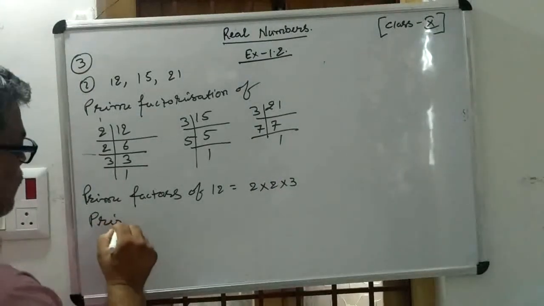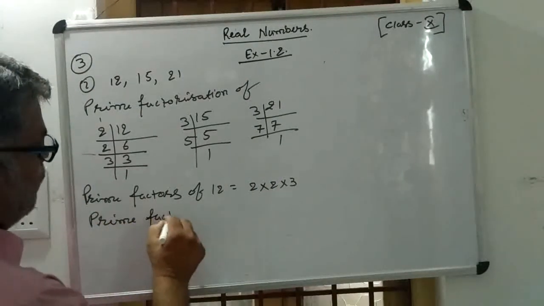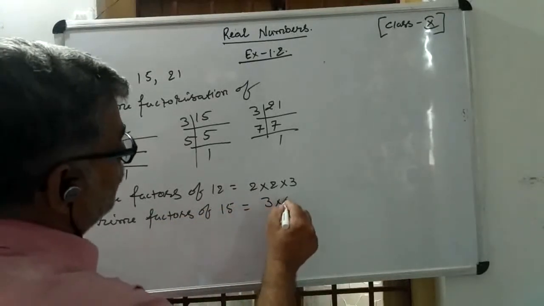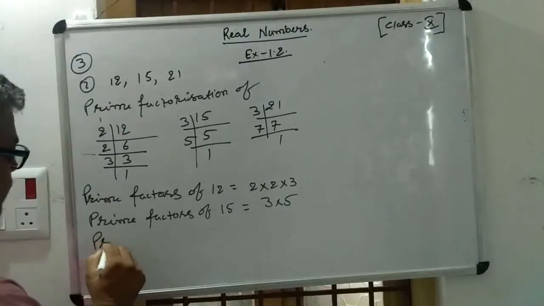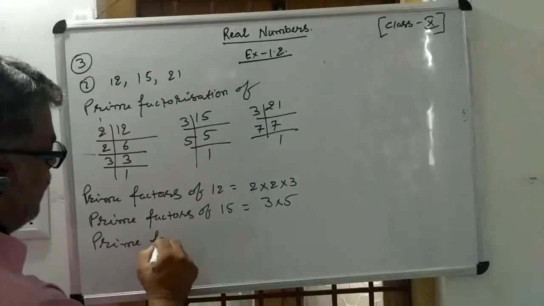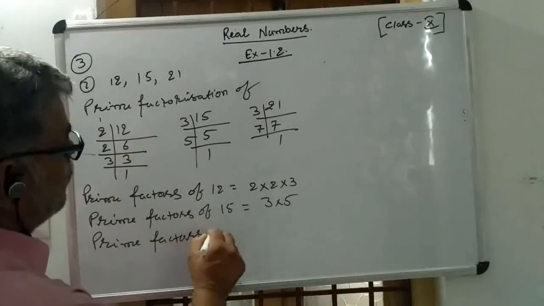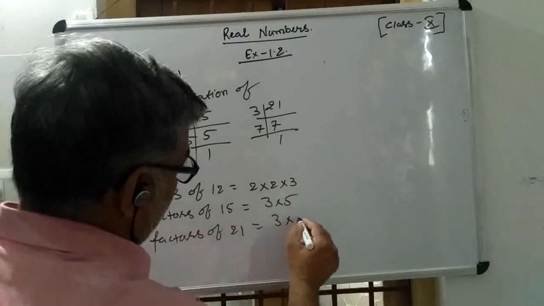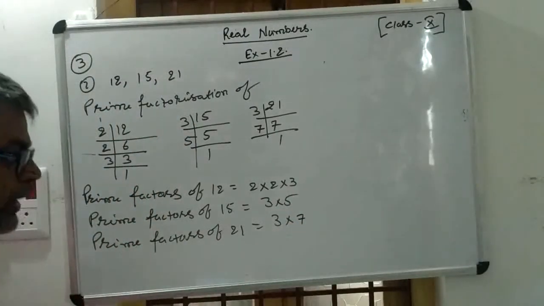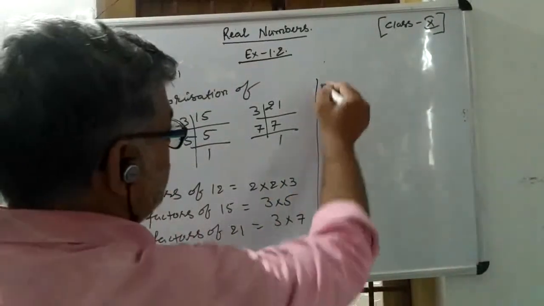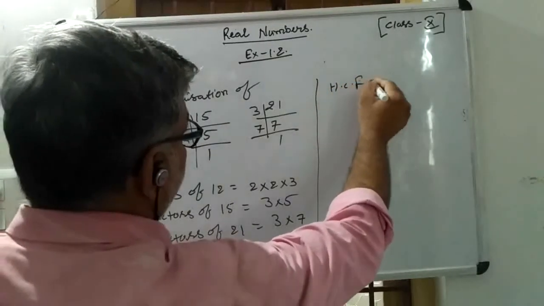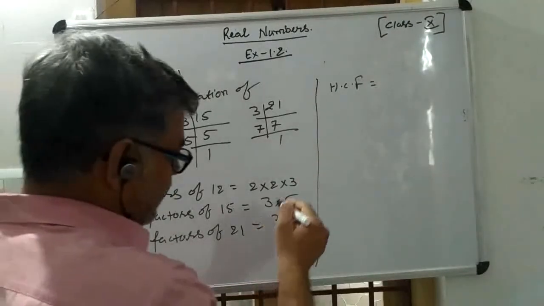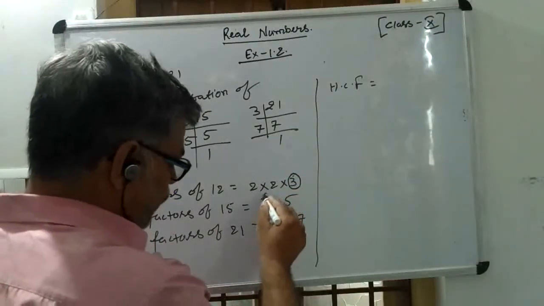Similarly, prime factors of 15 are 3 into 5, and prime factors of 21 equal 3 into 7. Now you need to find the HCF. For the HCF, you have to find the highest common factor. As you can see, this 3 is common to all.